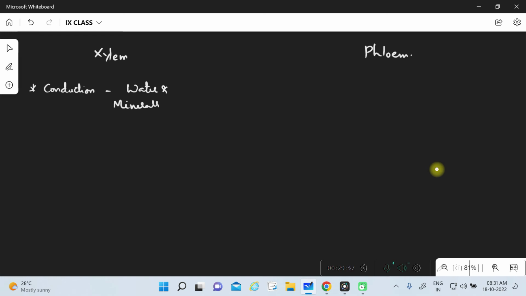So water and minerals are conducted with the help of xylem, and here organic food is in general conducted. If you take the direction of conduction, the direction of conduction of water and minerals in xylem is unidirectional.